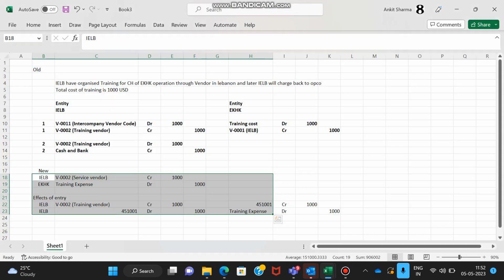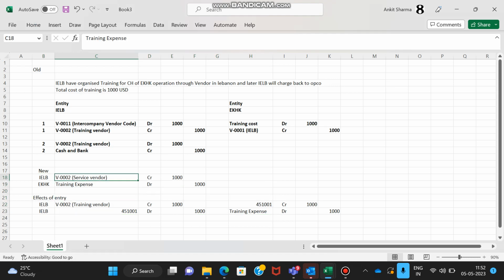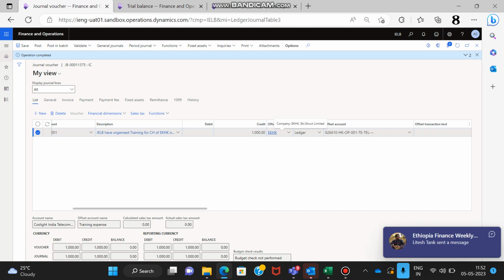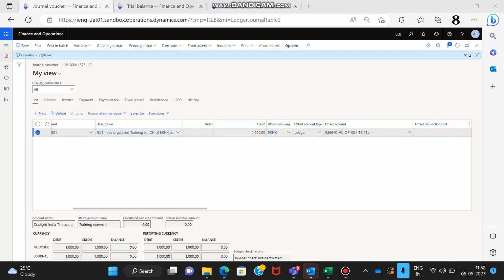If you can see here, the entry would be vendor account credit that we have done over here, and the debit would be an expense account. But here in the offset company, we have to select Ekistok Hong Kong, and select the appropriate vendor code and the dimensions.